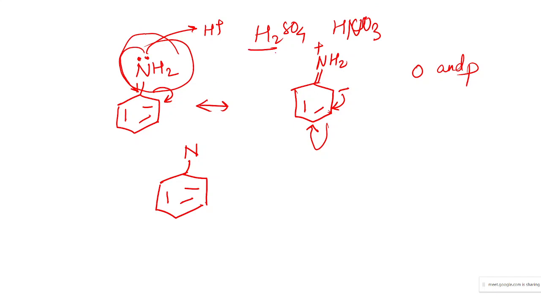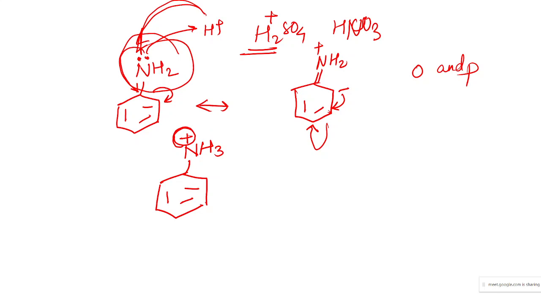If they donate H positive, the nitrogen can accept that hydrogen. When it accepts this hydrogen, it becomes NH3 positive. Since it already has a positive charge, it cannot give its electrons more towards the ring. So now the effect becomes reverse.